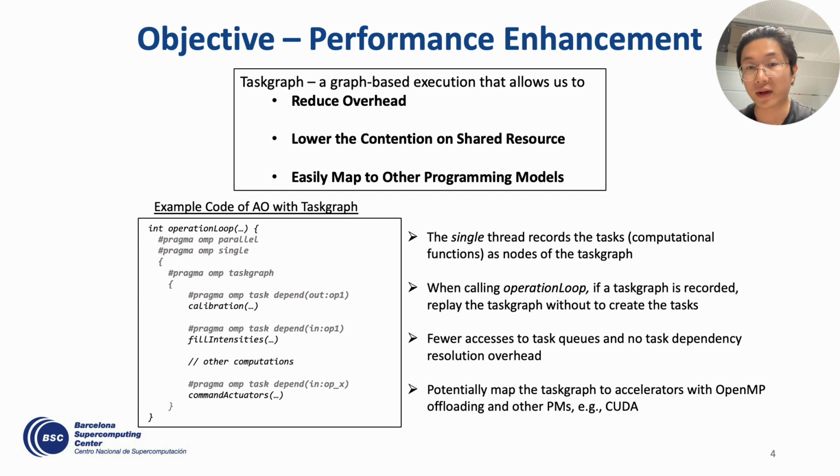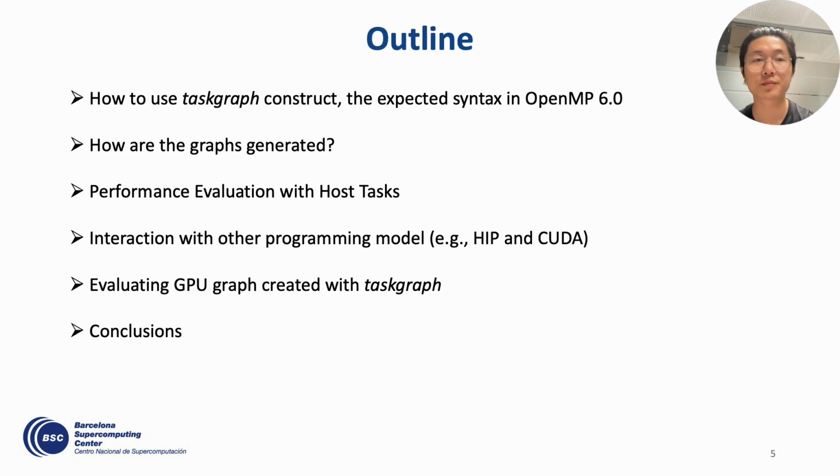And once the graph is recorded, the second time the Taskgraph directive is encountered, there is no need to create task instances and solve the dependencies anymore, because we have the graph already in memory. And we can also map these graphs very easily to, for example, a CUDA graph, because we know the dependencies among the tasks already as well. I will show in detail how this framework is implemented.